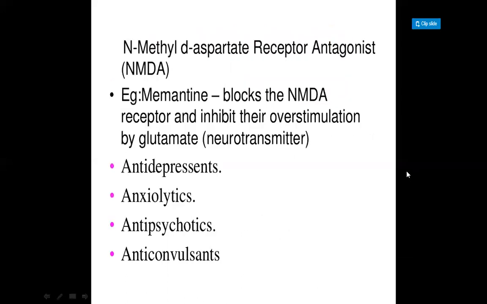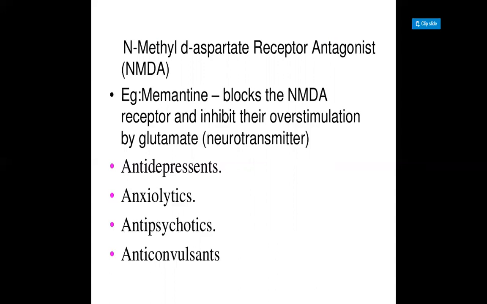Then next is N-methyl-D-aspartate receptor antagonist. The example is memantine, which blocks the NMDA receptor and inhibits its overstimulation by glutamate. Glutamate is also a type of neurotransmitter.